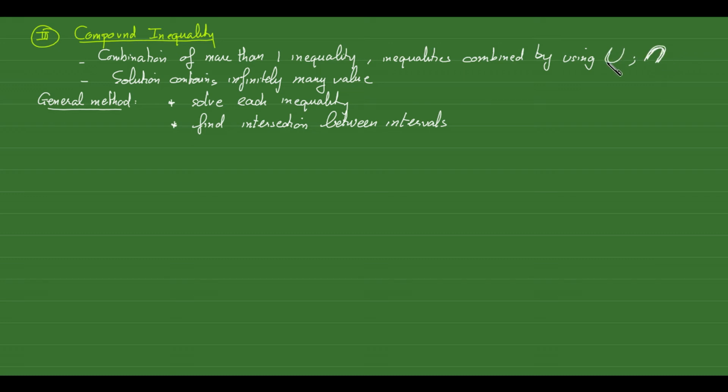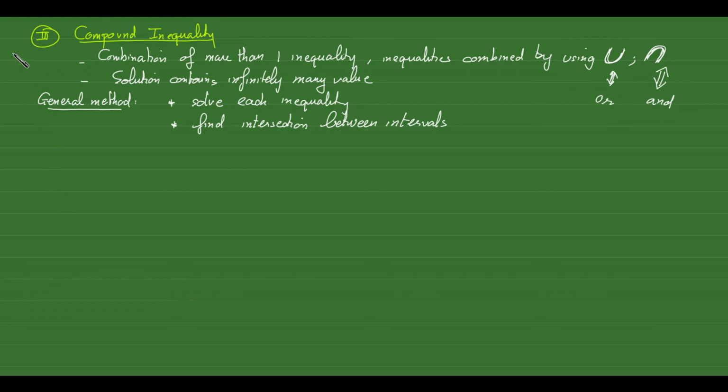We already talked about union and intersection. Sometimes they use "or" and "and". Union means "or", and intersection means "and". This symbol over here means equivalent: intersection means "and" and union means "or".